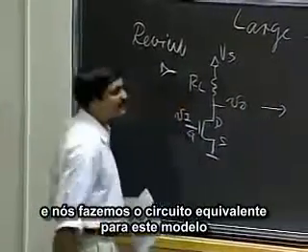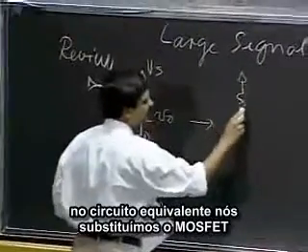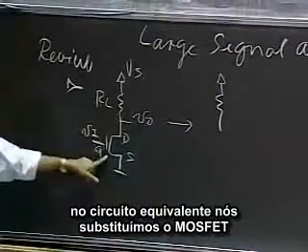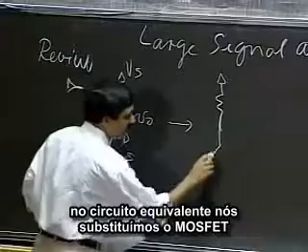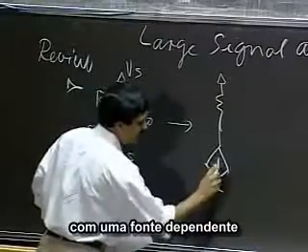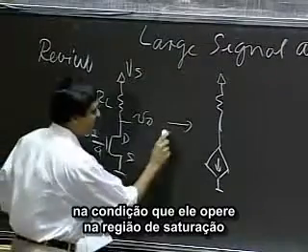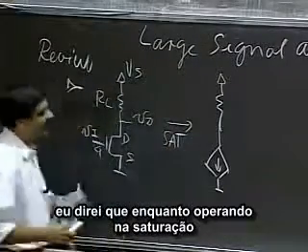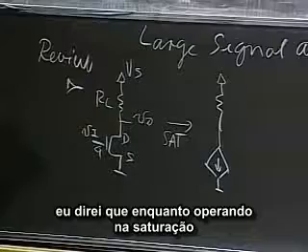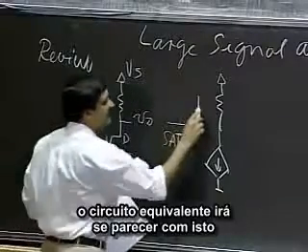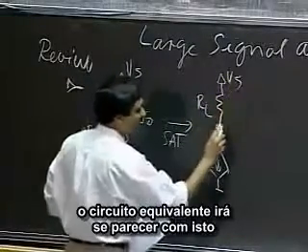And we drew the equivalent circuit for this. In the equivalent circuit, we replace the Mosfet with a dependent source, provided this operated in the saturation region. So I'll just say, while operating under saturation, the equivalent circuit would look like this.